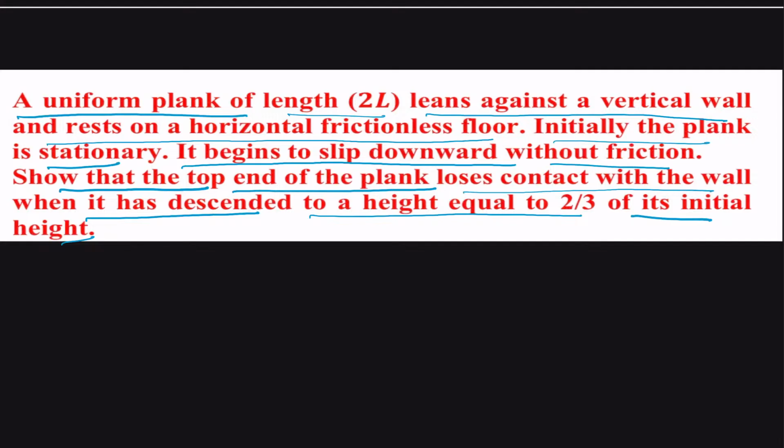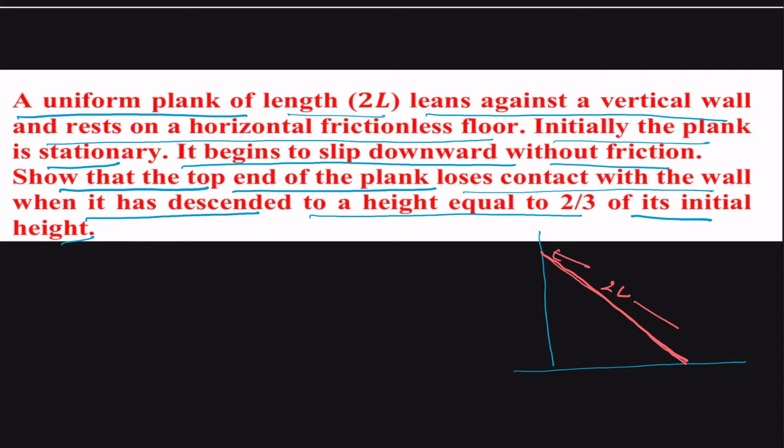So we are given a plank, suppose this is the wall and this is the base, and the plank is something like this, and the length is given as 2L.